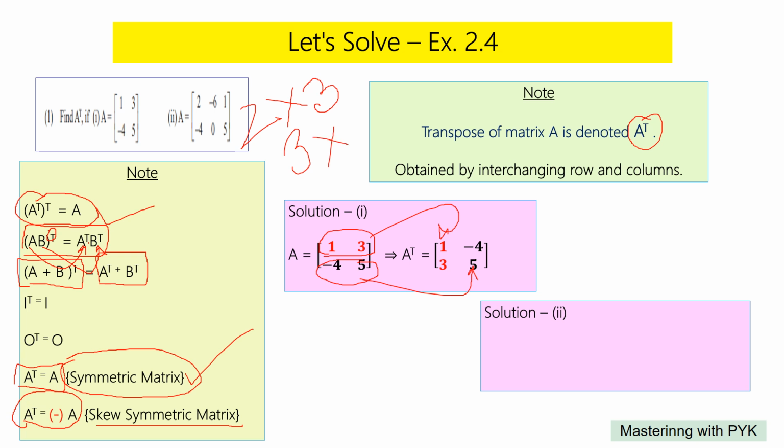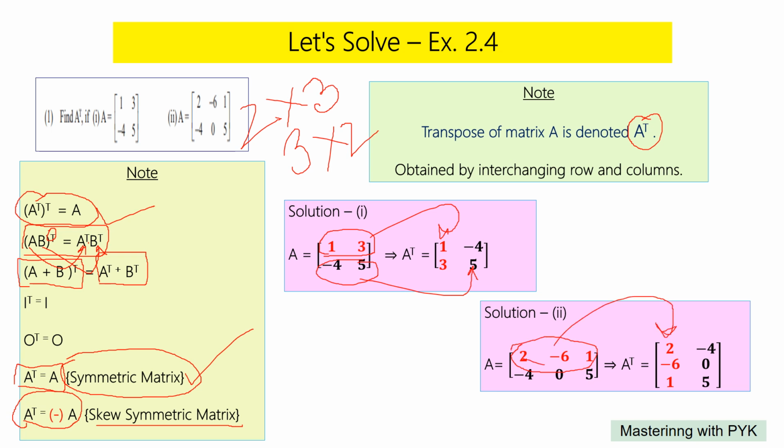This means the first row is converted into the first column, the second row into the second column, right? So here the rows interchange to columns and the columns to rows. So the 2 by 3 matrix changes to 3 by 2.